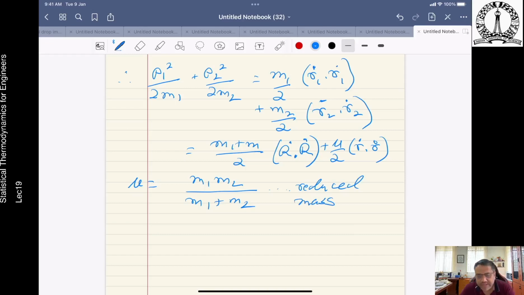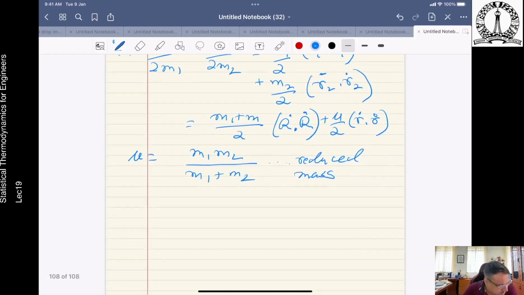This is all very classical mechanics that we already know. Okay? And M1 plus M2, we can write as MT.